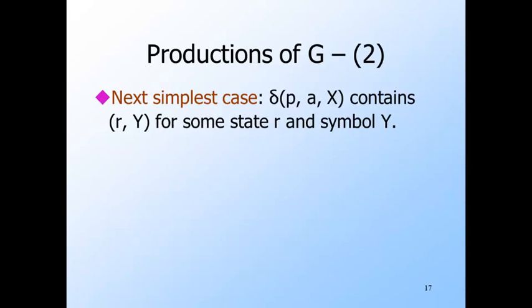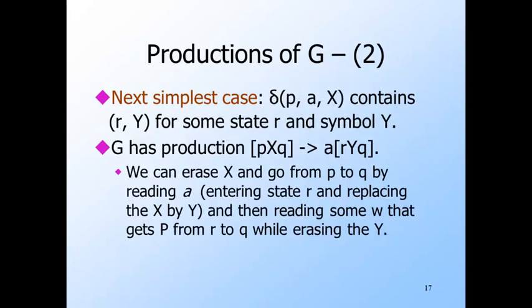The next simplest case is when a move replaces X by a string of length 1, say Y. Suppose that move also changes the state to r. Then there is a production [pXq] goes to a[rYq]. That is, one way to pop X while going from state p to state q is to read input a, going to state r and replacing the X by Y at the top of the stack.